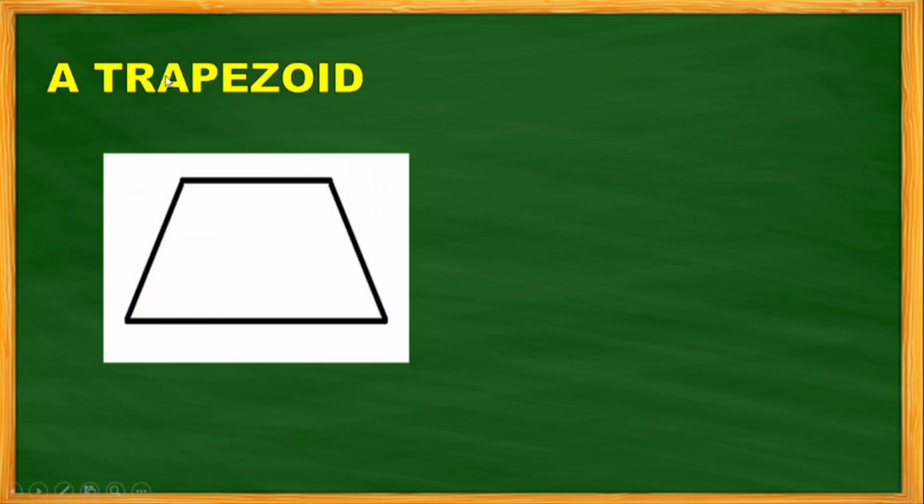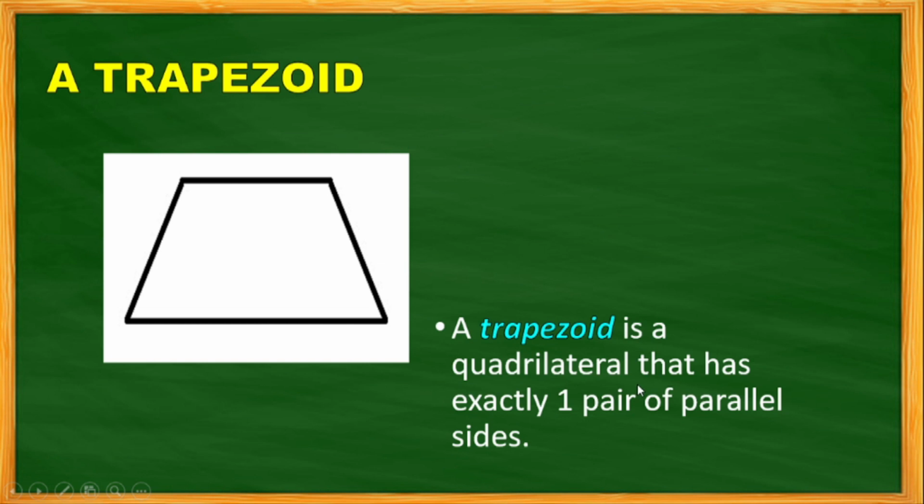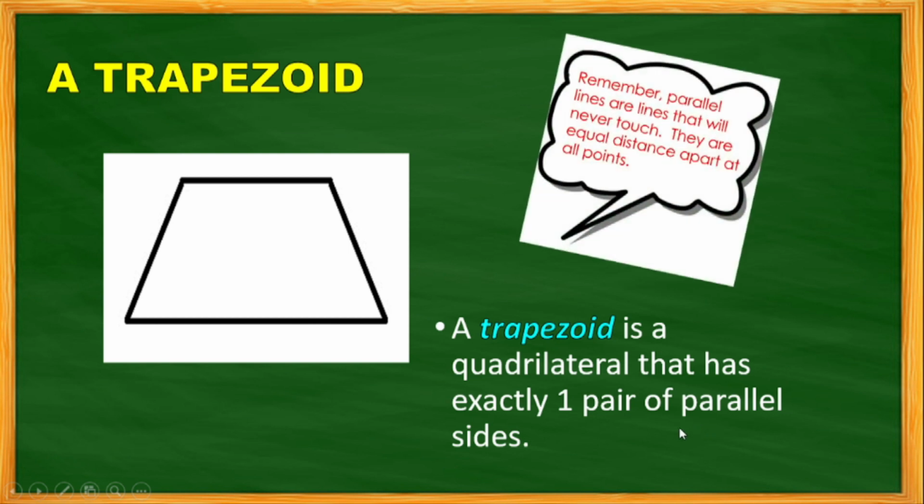And let's proceed to trapezoid. A trapezoid is a quadrilateral that has exactly one pair of parallel sides. Take note that parallel lines are lines that will never touch. They are an equal distance apart at all points. This would be the parallel lines, one pair of parallel lines.